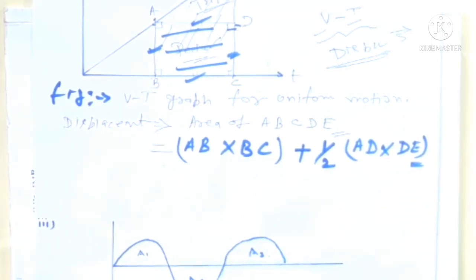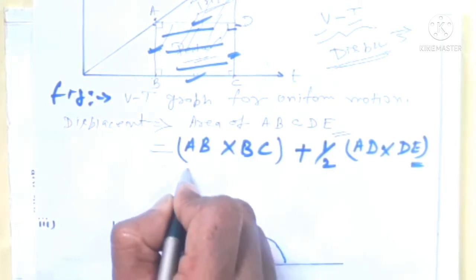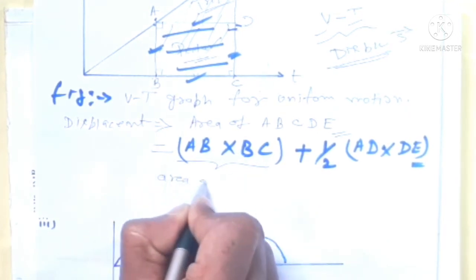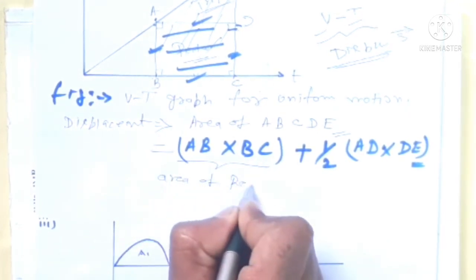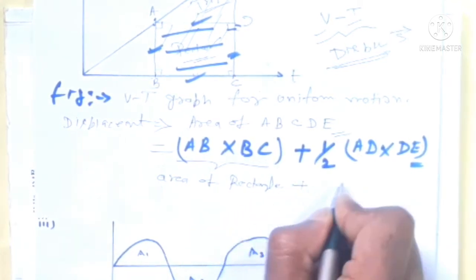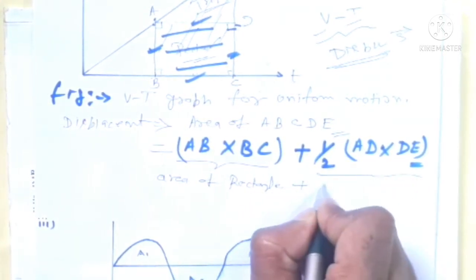This is our triangle, this is our rectangle. This is the area of the rectangle, plus this is the area of the triangle.